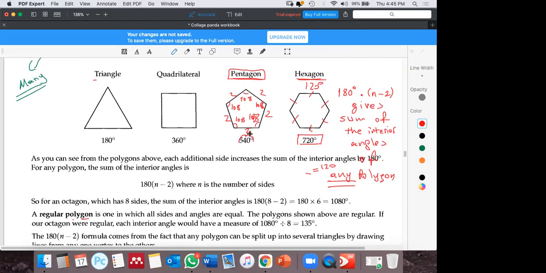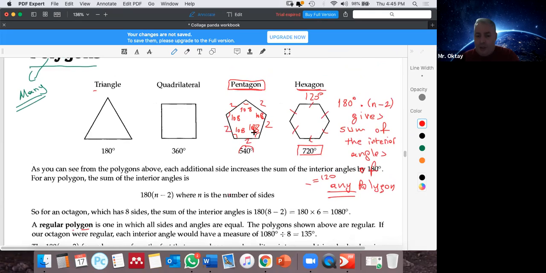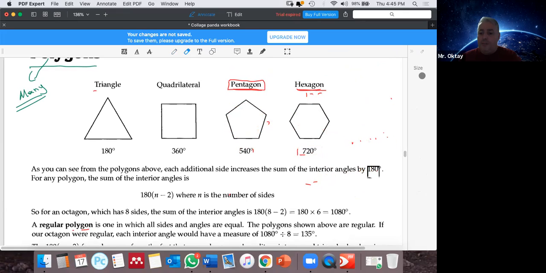There is also another property. It's not given in this book, but let me tell you, it could be useful, especially if you will take the SAT 2. When you join all the vertices, this is the center of the figure.